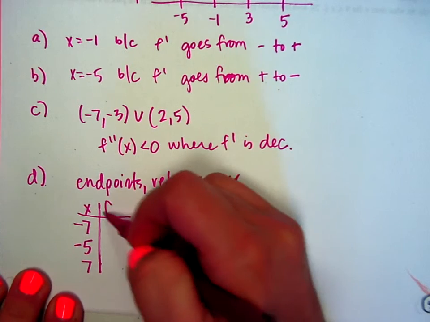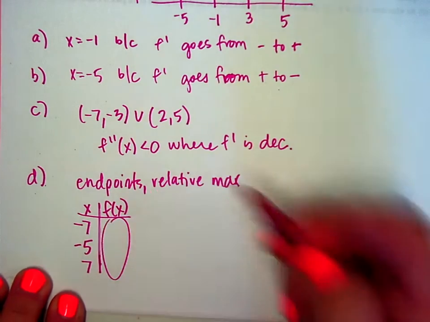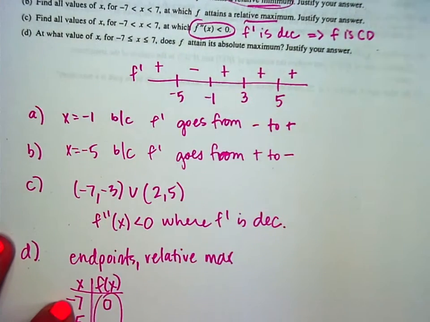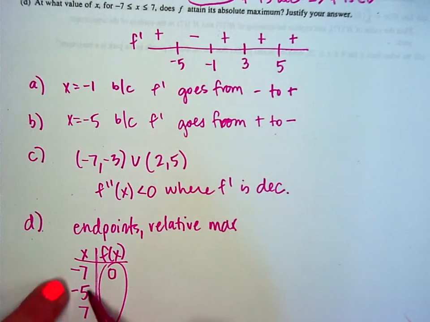I can't come up with sheer numbers for these, all I can do is compare the area under it. At -7, let's say that's our starting point, and we have nothing there. So my absolute maximum has to occur at one of these two places.